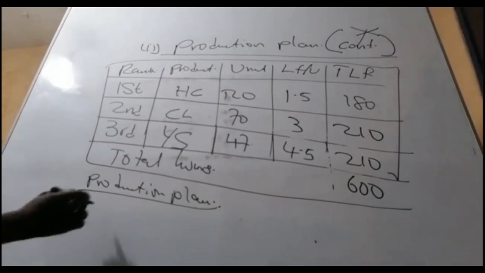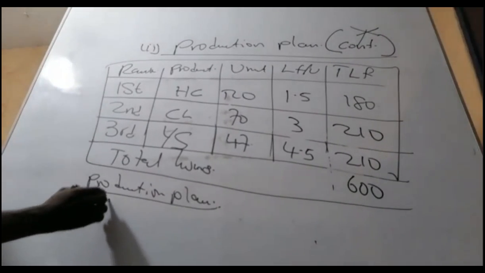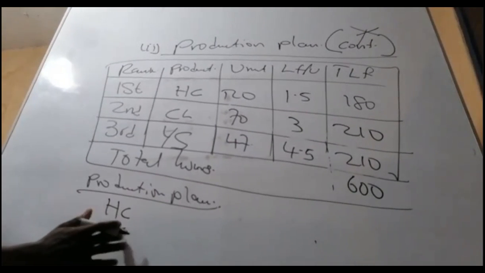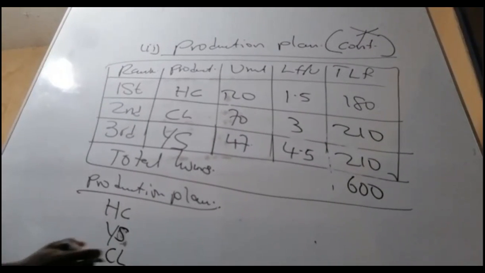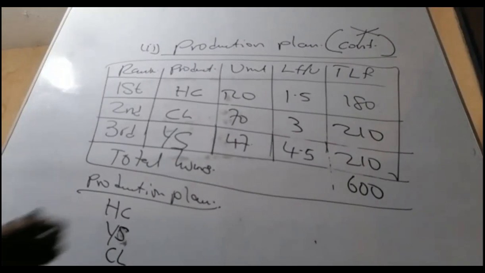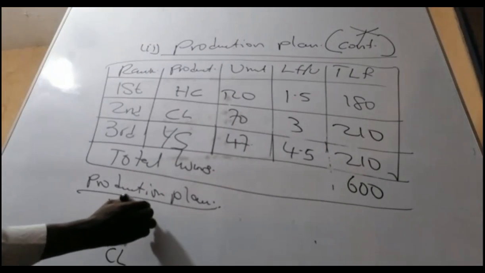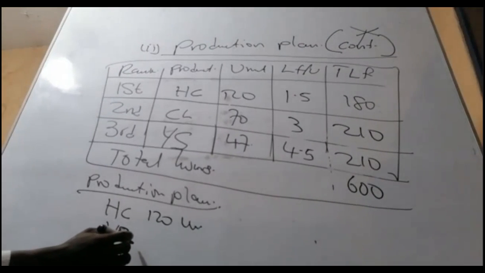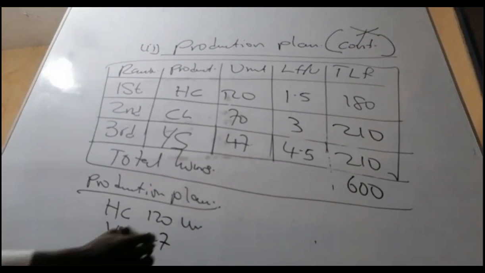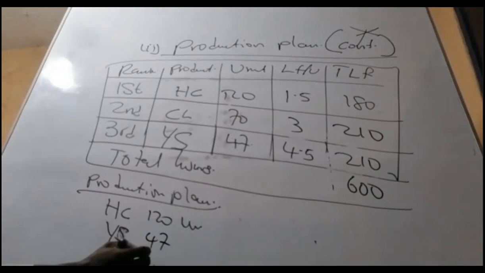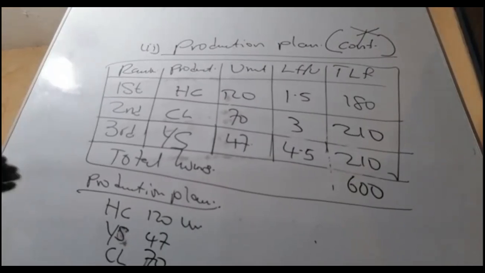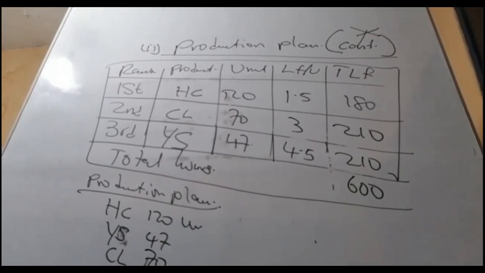They start with AC, YS, and then CL. So AC is 120 units, YS is 47, and CL is 70. Then you are done. This is the answer to the second part of the question.